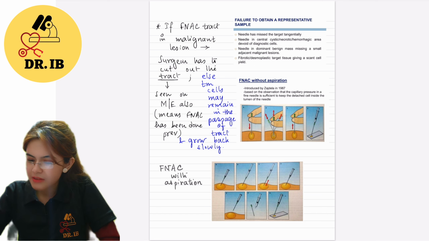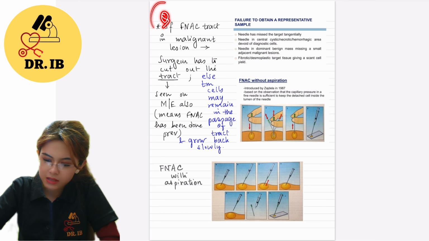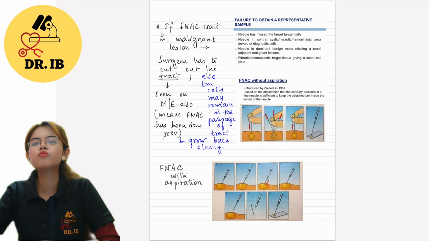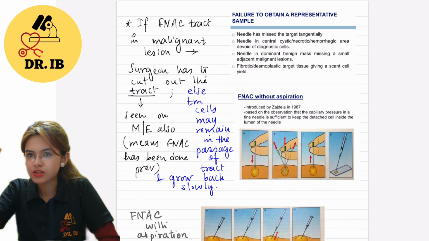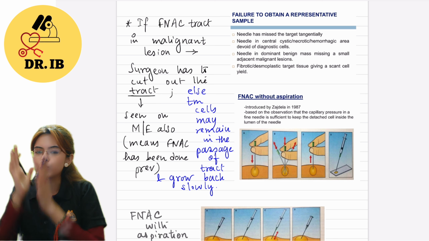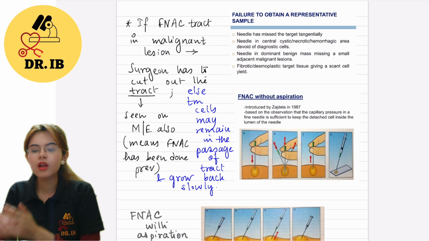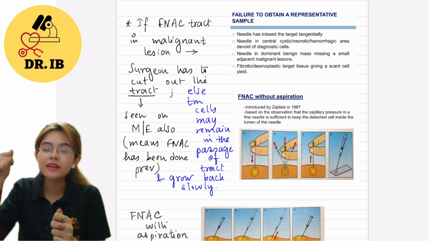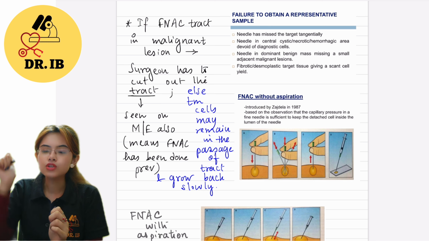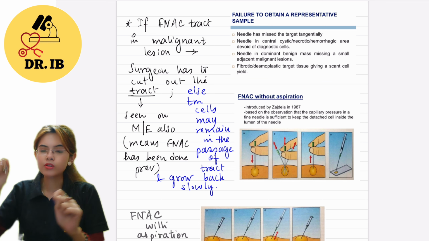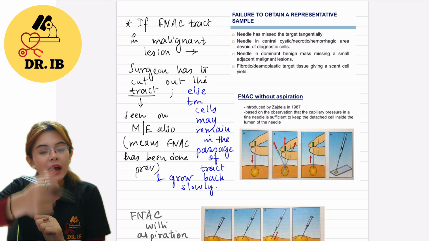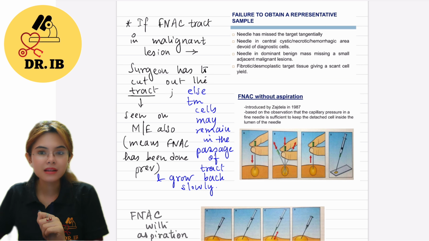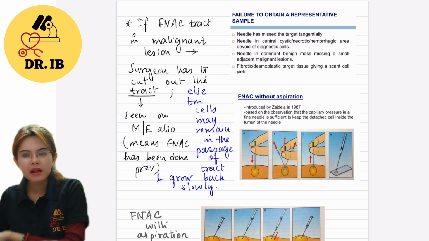Now another very important question which is asked, and a very important concept which you must know, is that whenever you are doing FNAC in a malignant lesion, once you do the FNAC, you are creating a tract, right? Now in this tract you are taking out the malignant cells and you're putting it on a smear and we are doing the examination.